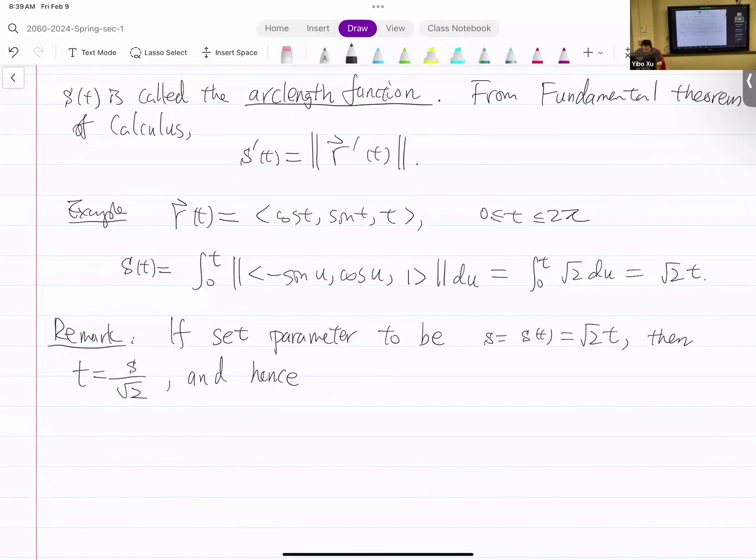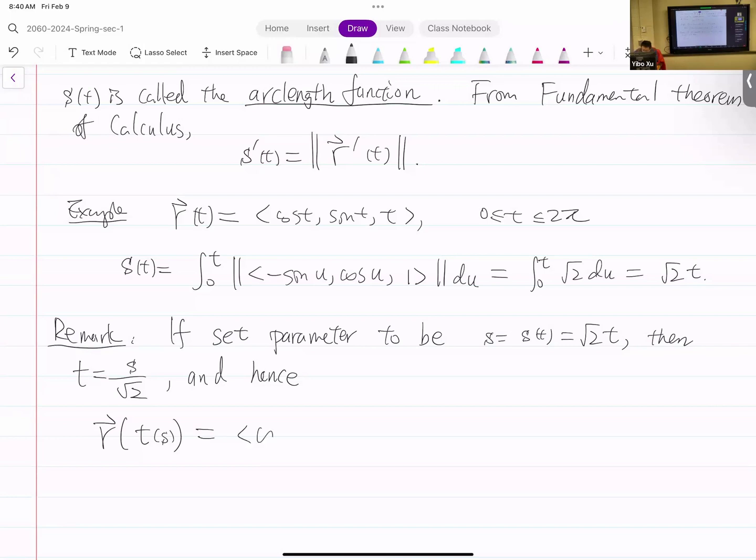And we do that by doing the substitution right here. So r is defined by t, right? But now we just replace t in terms of s. So it's going to be t of s. We just substitute t of s, the functional expression, here into the curve. And what do we get? So whatever you see t, you just replace by s over square root 2.